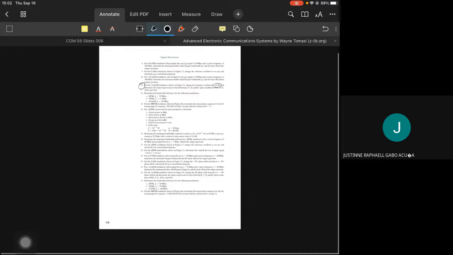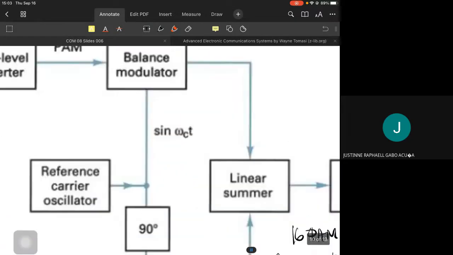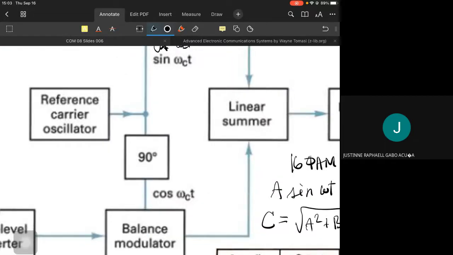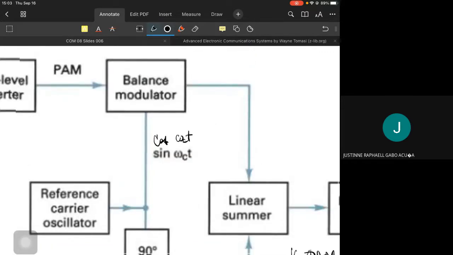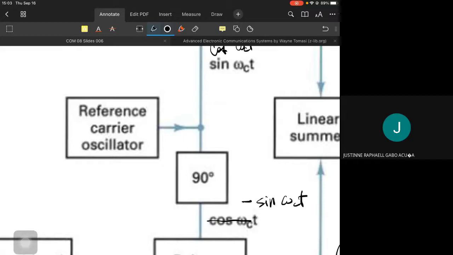So here, instead of sine, cosine omega ct. If the cosine is introduced with a 90 degree phase shift, I think there will be a negative sign on the carrier. Not both cosine; one is sine. It can be cosine for both, but the issue with one is cosine omega ct minus 90, which is equivalent to sine, or if I'm not mistaken, negative sine omega ct.